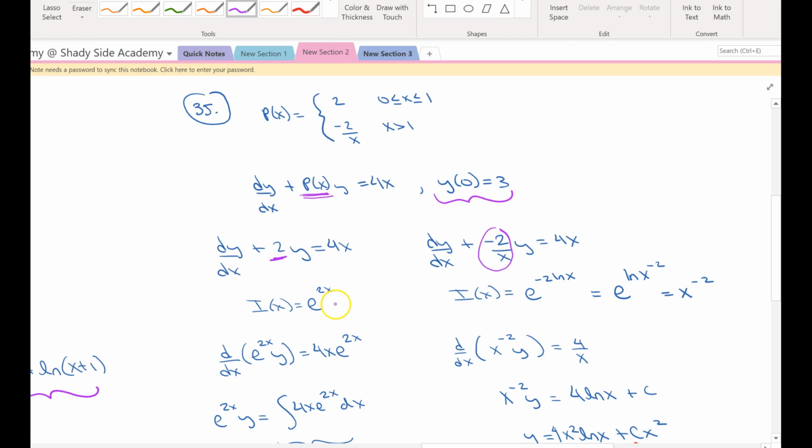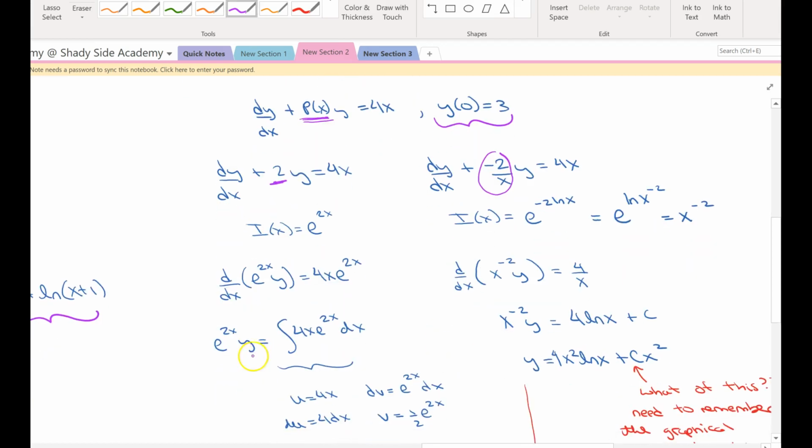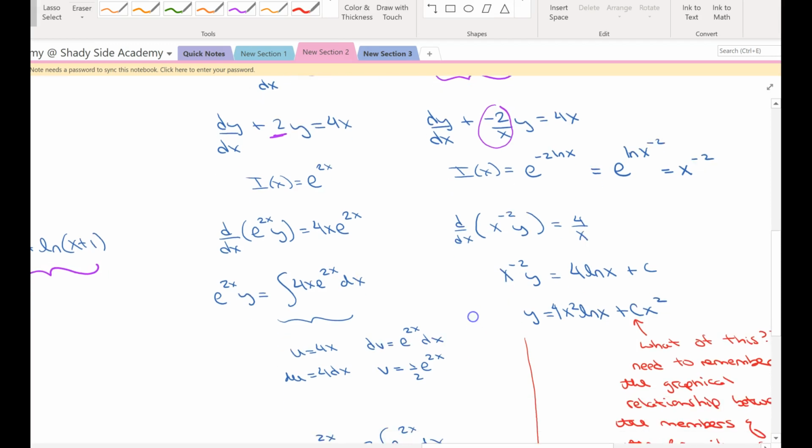This is the integrating factor. This then becomes the diff EQ expressed as a derivative of products on one side. This is now the integral of the right-hand side, which requires integration by parts, and specifically this breakdown.